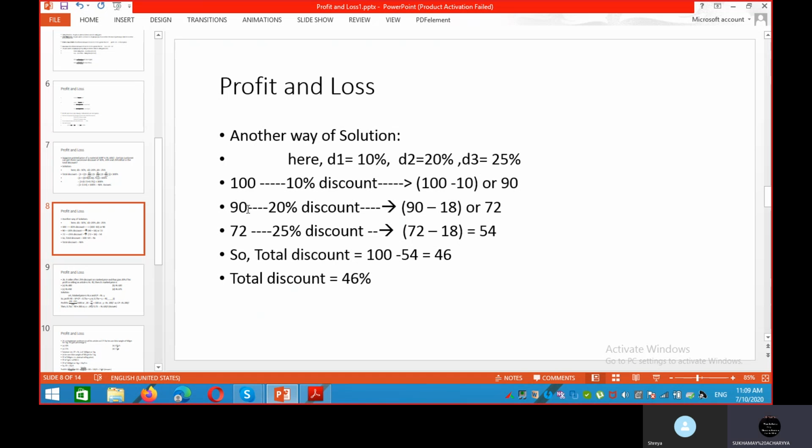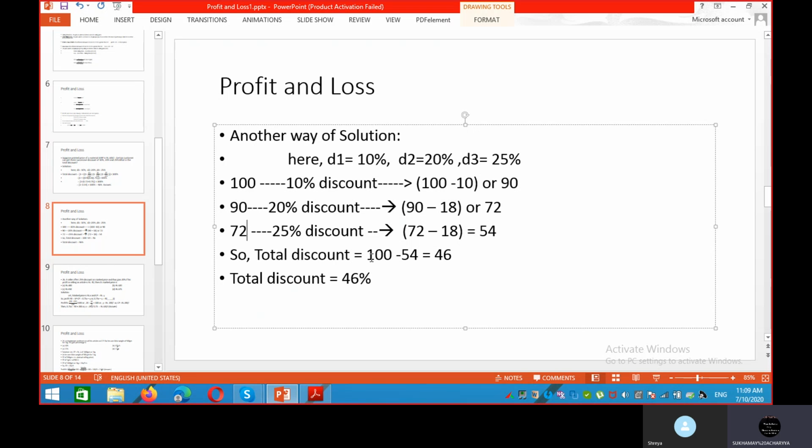If there is a 20% discount on rupees 90, that is equal to 90 minus 18, which is 72. If there is a 25% discount on rupees 72, that is equal to 72 minus 18, that is equal to 54.